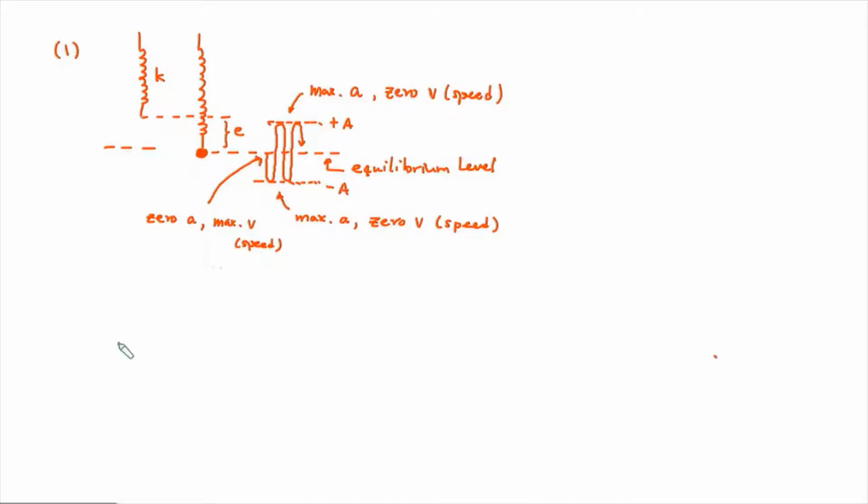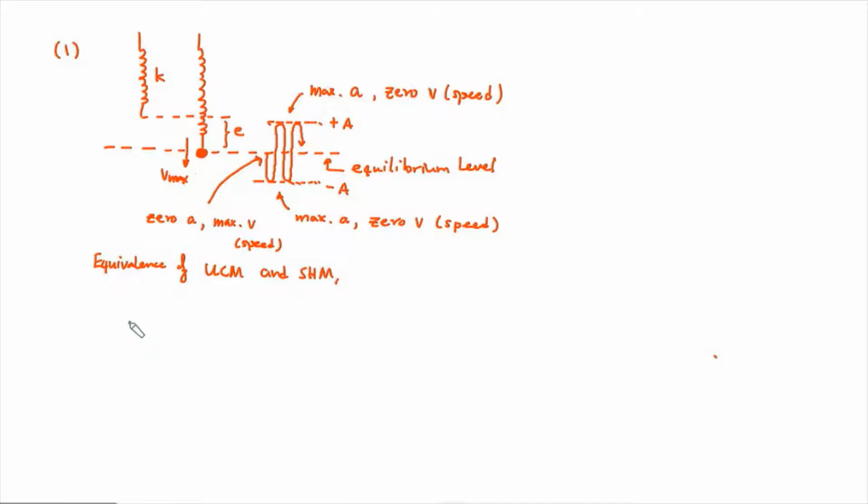So how do we find the maximum speed when the object is moving through its equilibrium level? That's this speed, I'll call it Vmax. For this, we can use the equivalence of uniform circular motion, UCM, and simple harmonic motion, SHM.